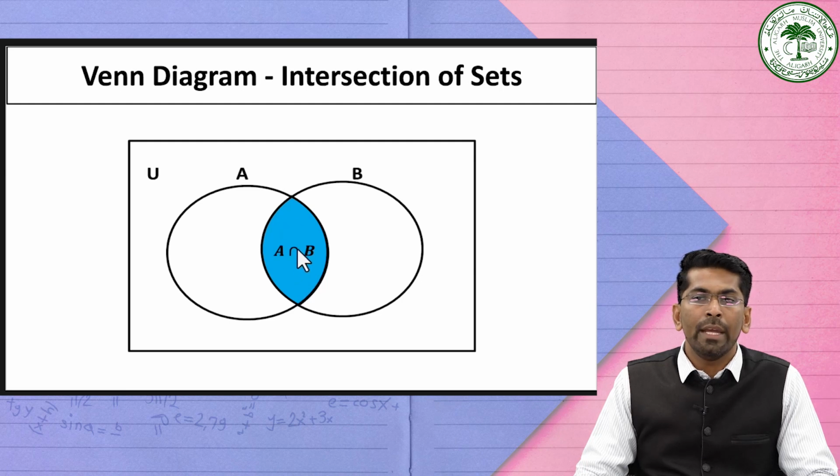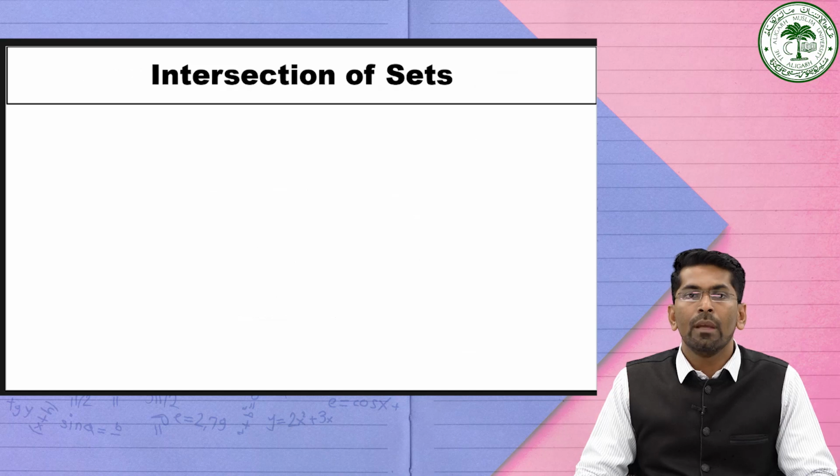This shaded overlapping area is A ∩ B. Circle A represents set A and circle B represents set B. If there is an overlapping region between circle A and circle B, it means there are some common elements in the given sets, shown in this shaded area, denoted A ∩ B. It is enclosed by a rectangle, which is the universal set.